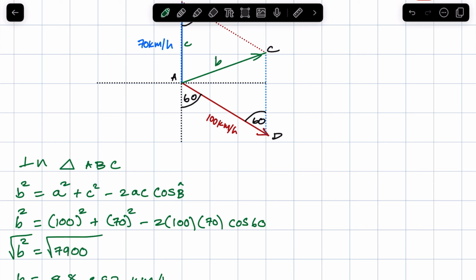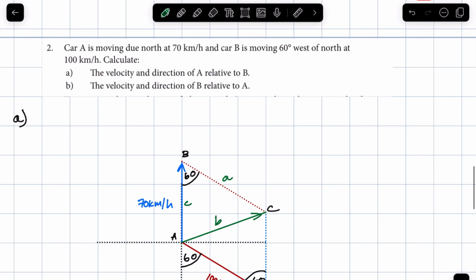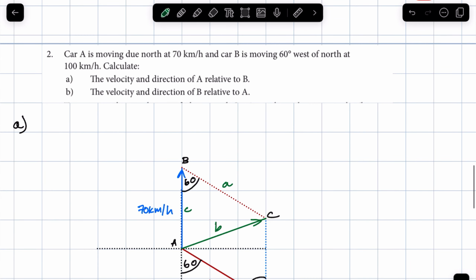So now we need to calculate the direction of the velocity of A relative to B. What I like to do is look at the velocity of the object initially. Initially, the velocity of the object A was headed north.